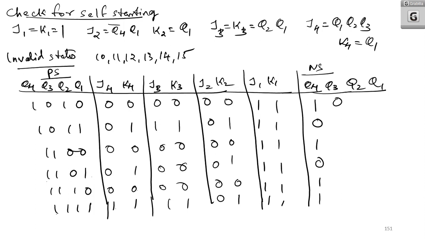J3 and K3 are both equal to 1, and Q3 you can make it as 1. Now 1 is there, 0, 0 is there, so there is no change. 1 is there, 0, 0 is there, no change. 1 is there, 0, 0 is there, so there is no change. So 1 will remain. 1 is there, 1, 1 is there, so you can make it as 1 only. Okay. Right.